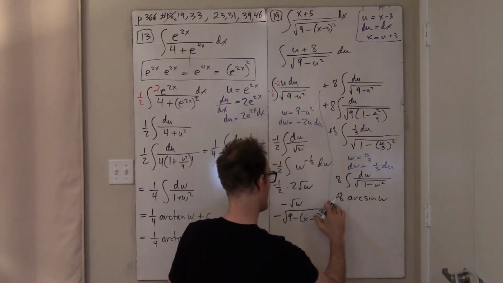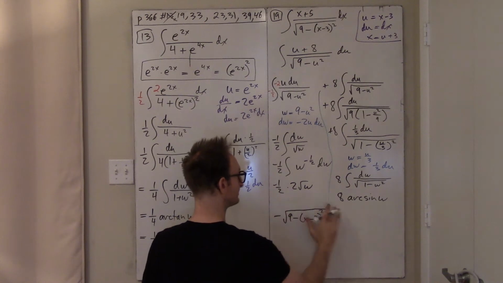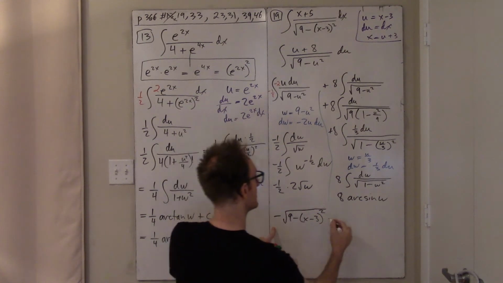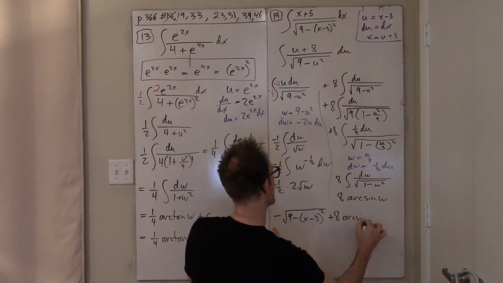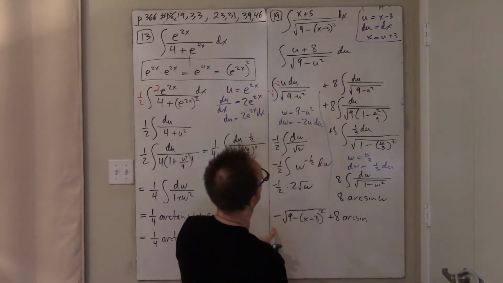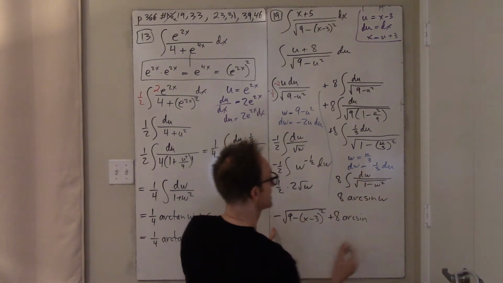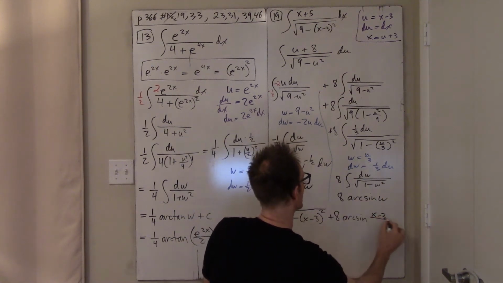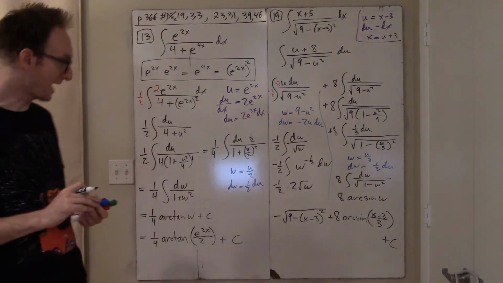And that's why the answer to this problem is that plus 8 arcsine. What's w again? No, sorry. This w is u over 3, so it's x minus 3 over 3. Perhaps it is kind of dangerous to use the same variable again. Anyway, ta-da! That was a complicated problem.